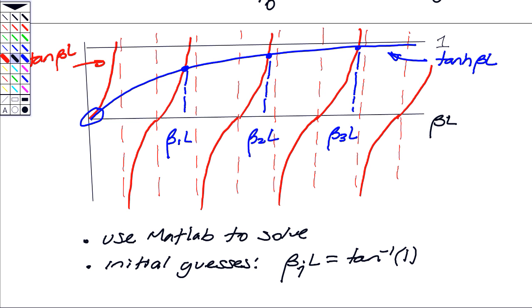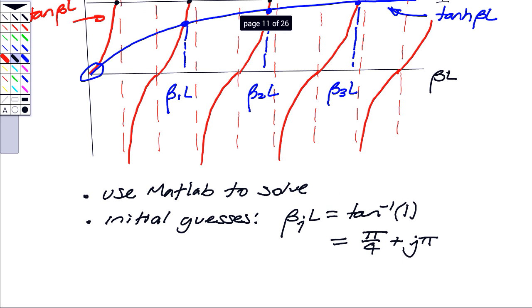Because we can see here that they're going to be close to when tan is equal to 1. So all these roots, in fact, as you go to higher and higher roots, asymptotically approach those roots there, inverse tan of 1. So that ends up being pi over 4 plus integer multiples of pi. So use those as the initial guesses.